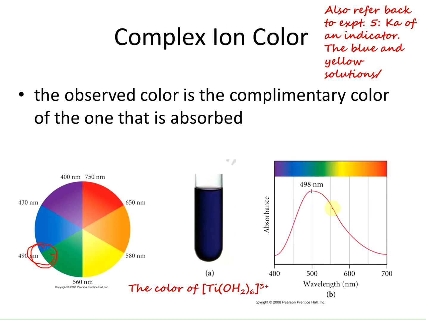So these are the colors that it's absorbing strongly. And because that's the light that it's absorbing strongly, it's the rest of these colors that are reflected back. So we see the complementary color of what's absorbed.